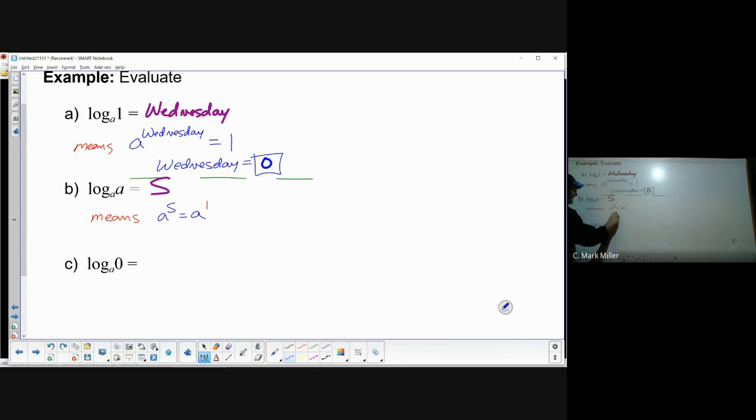Equal bases, equal exponents. S is 1. Don't overthink it. But better to think a little extra than get it wrong.